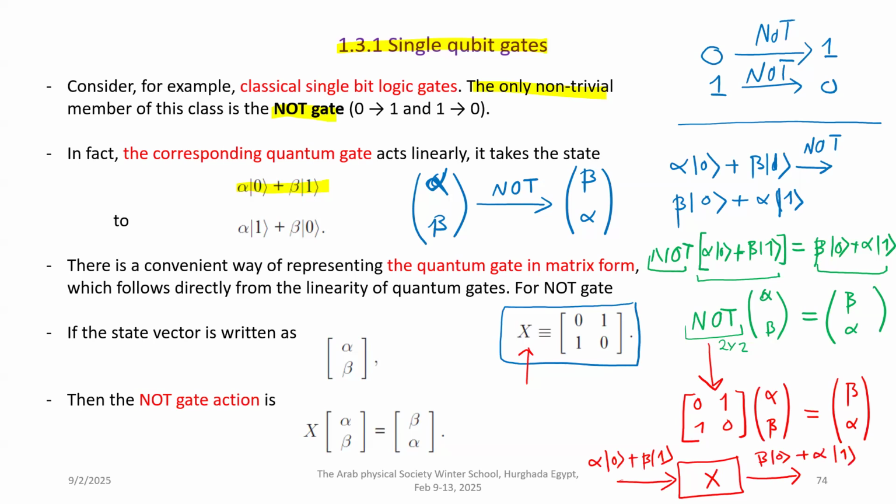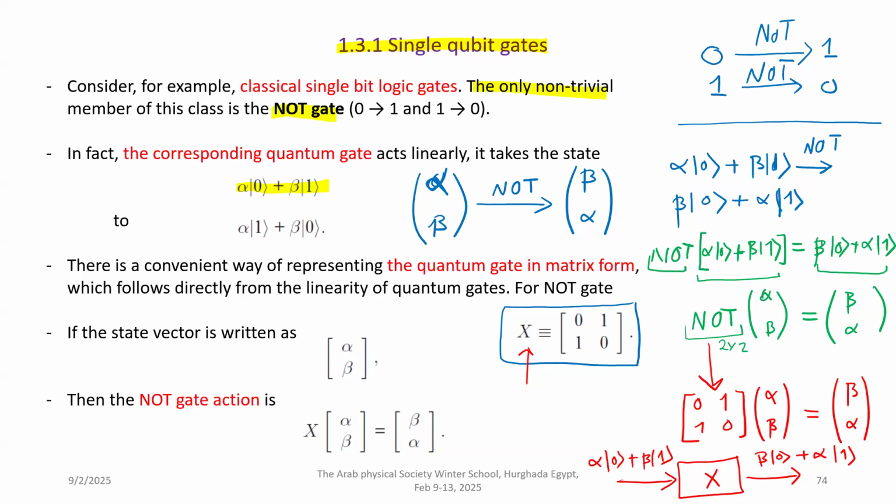So if you pass this qubit into the X, it gives you from the other side the flipped qubit. And we represent that in matrix form, where you have a matrix acting on alpha and beta, and it gives you at the other side beta alpha. So this is the NOT gate. It's an example of many other gates.